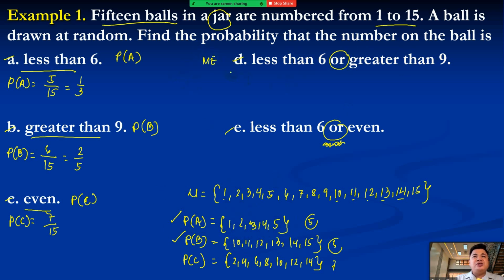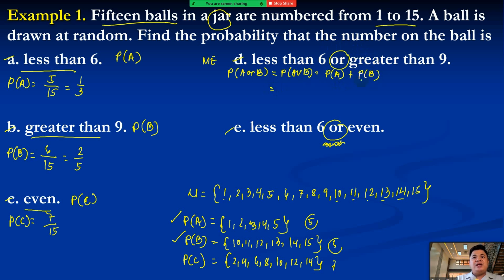The formula that we're going to use is probability of A or B, or probability of A union B, equals probability of event A plus probability of event B. Since there's no intersection, we cannot subtract the intersection here because the events are mutually exclusive. There's nothing common. Alright, let's substitute.